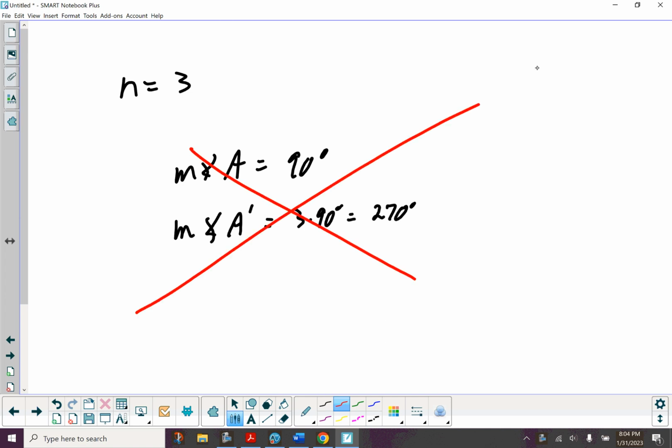No, I mean, you're not going to have an angle inside a rectangle that's anything other than 90. Saying 270? No, never apply the scale factor to angle measures.